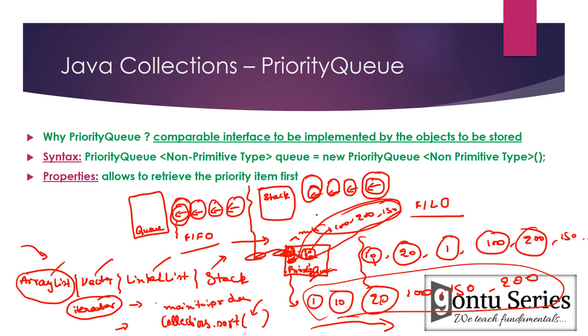If you want to rearrange things in ascending order, you pass that particular Java collection object to it, and it's going to rearrange things.